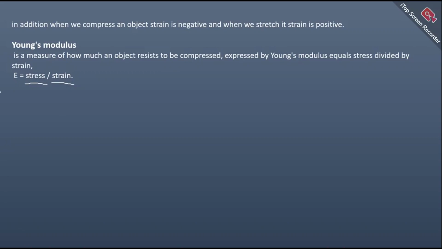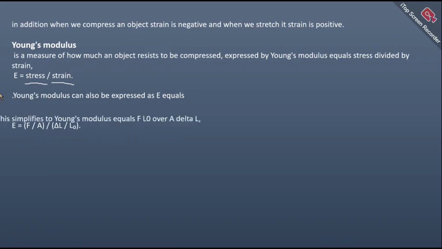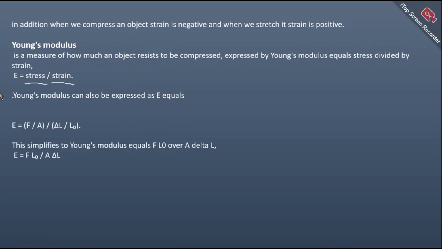So I'll substitute. This is what we're going to have. Now, to simplify this, we're going to end up with this simple formula. If you don't understand where it's coming from, let me show you.